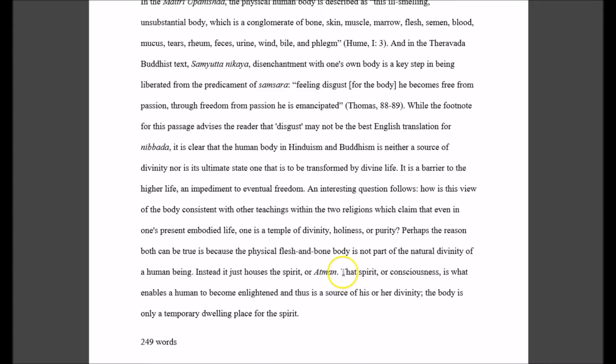But here, what she's done is she's connected that to what she said earlier about the process of enlightenment, of this liberation, of this freedom, this emancipation. That's really, really good. So what that does is it shows how even to the very end, the very last sentence, it's all connected.